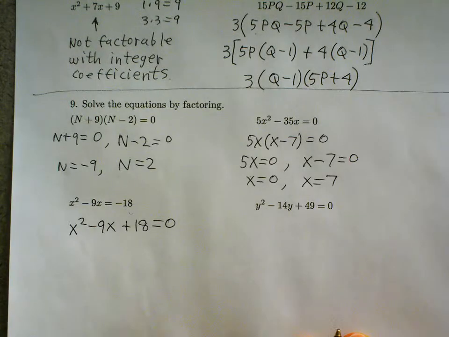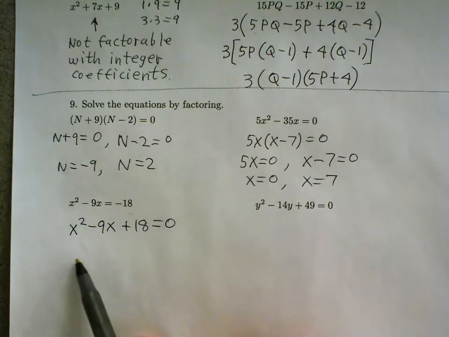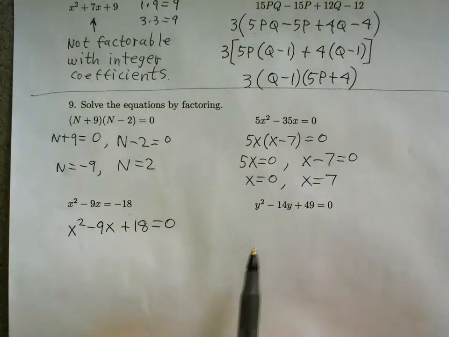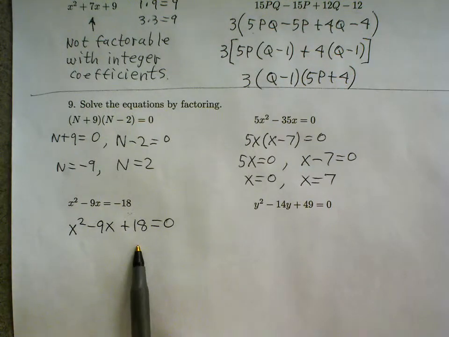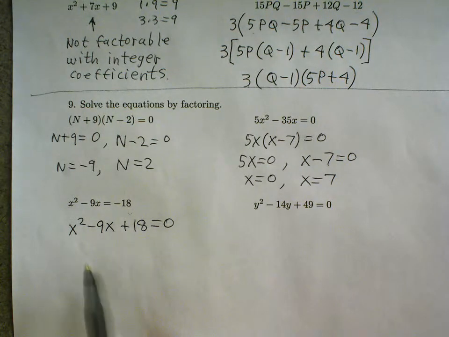And then factor x squared minus 9x plus 18. If you're online, go ahead and type in the factors, see what you get, or type in the equation you get after factoring.